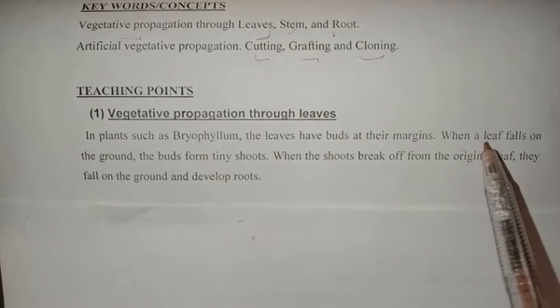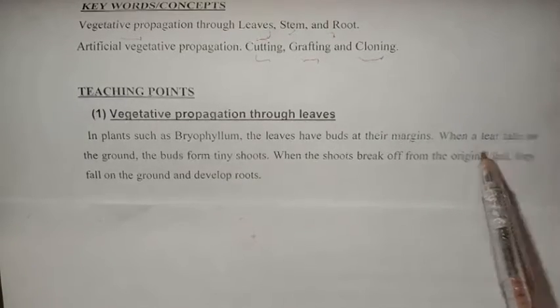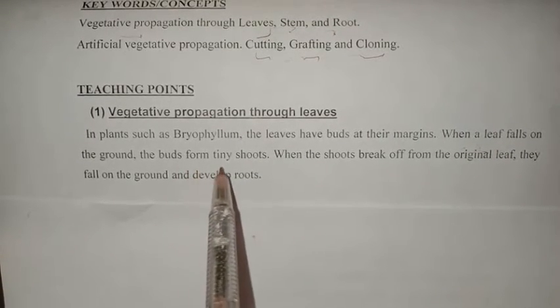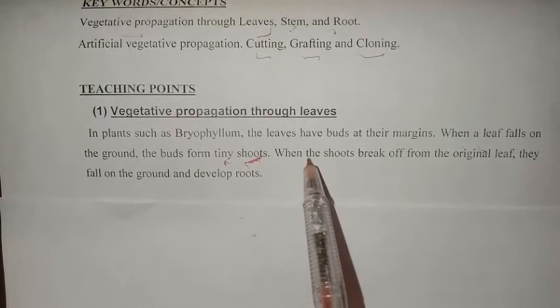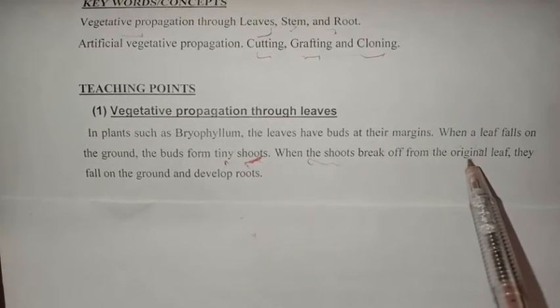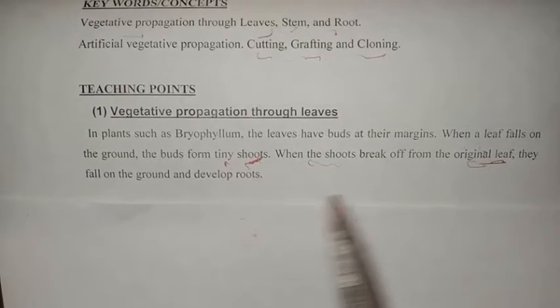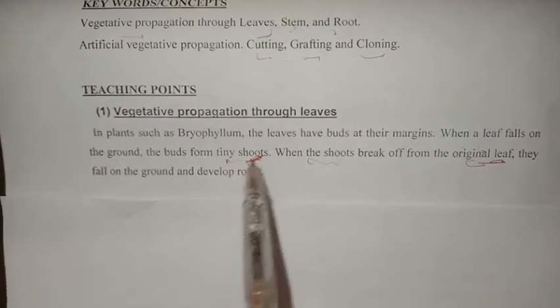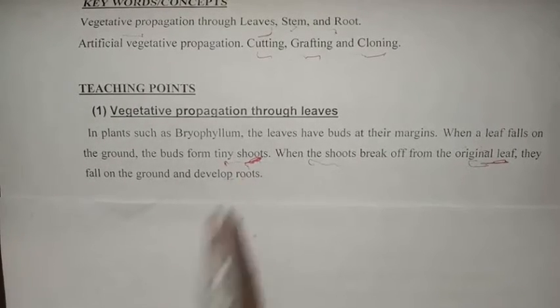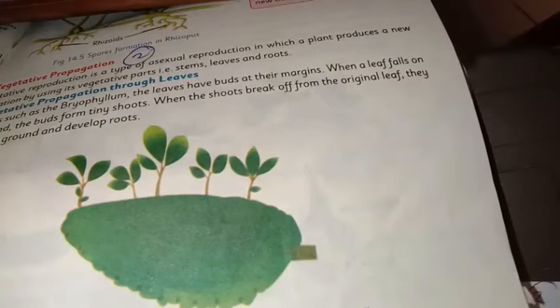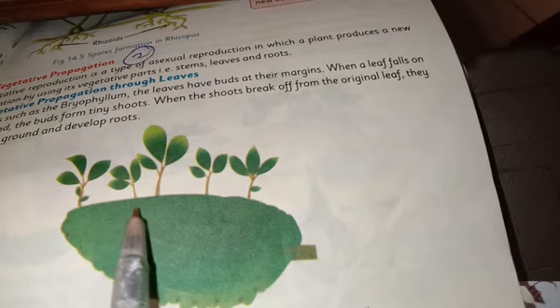First, a bud is developed on the margin of the leaf. Then the bud forms shoots, meaning branches. When these branches break off or separate from the original leaf, these shoots or branches develop roots and convert into an individual plant. This is a bryophyllum leaf.